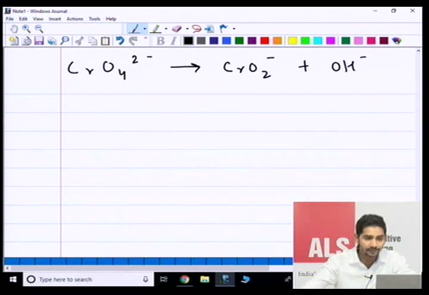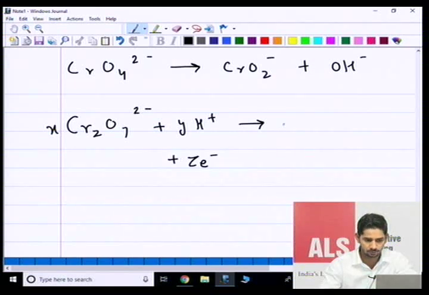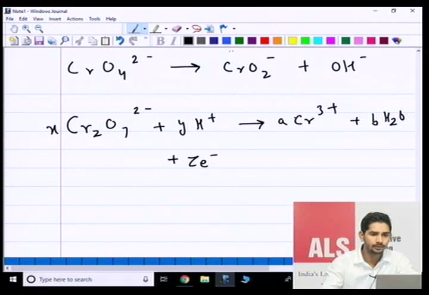Next, the same thing, 98. In 98, if you remember the equation, that is best for you. If not, then again go option wise. This is Cr3 plus, A, B H2O.